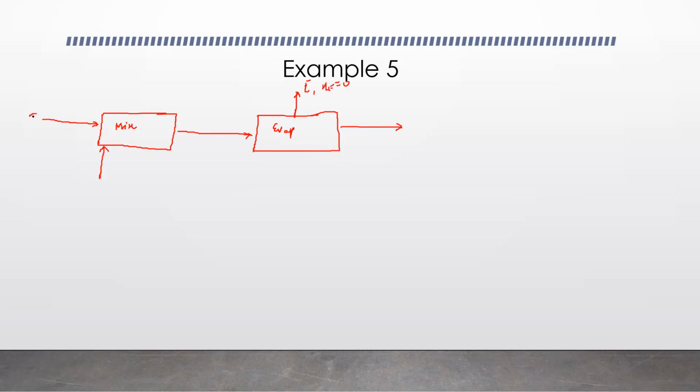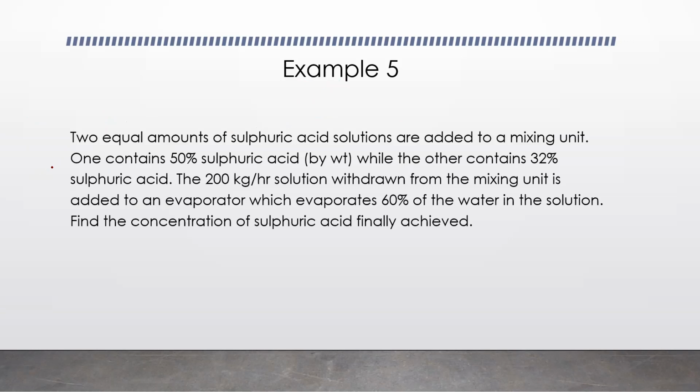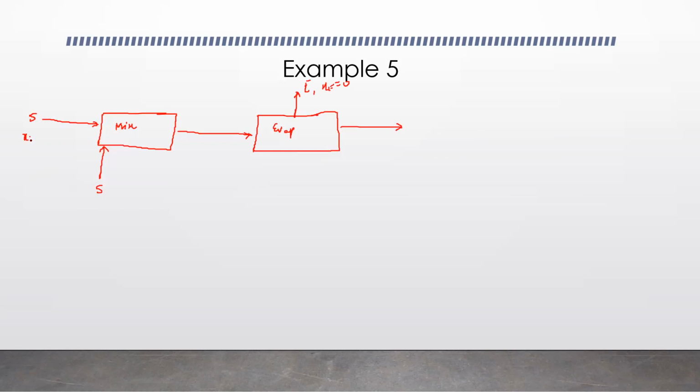Then equal amounts of sulfuric acid solution. So S, one is 50% and the other is 32%. So XS is 0.5 and here XS1 is 0.32. And they have given this to be 200 kg per hour.